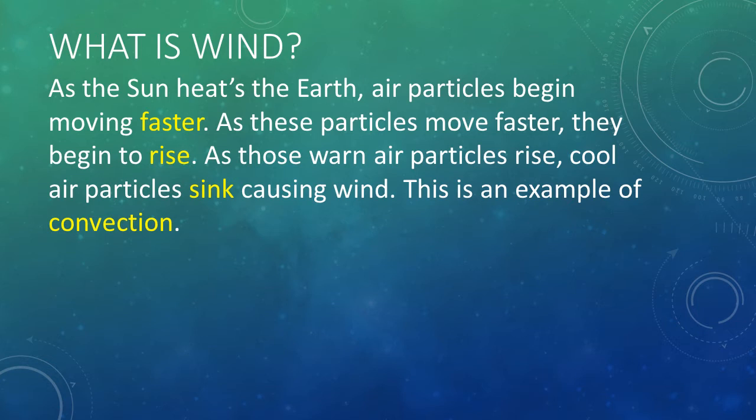Now remember, this is another example of convection, what we talked about last term. Warm particles move up, cool particles sink. Warm particles are further apart and moving faster. Cool particles are closer together and moving slower. Just like we talked about last time, when you boil water, hot water rises, cool water sinks, creating these convection cycles.